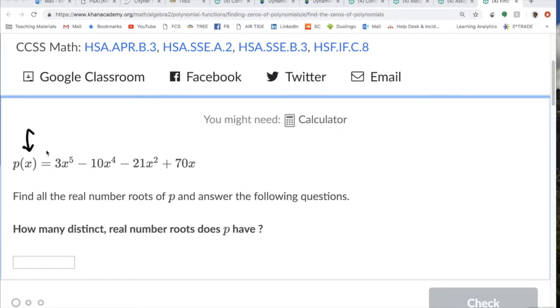So what is it that I could plug in for x here, here, here, and here that would cause all of this to equal 0 in the end? That's what we mean by trying to find zeros.